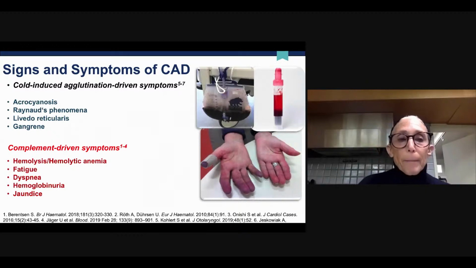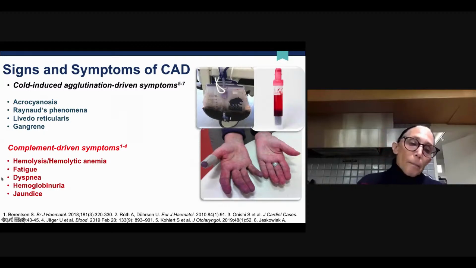And I borrowed this slide from Dr. Berenstain, and you can see here the dark urine because sometimes they get intravascular hemolysis. Here's the agglutination in the tube at room temperature. And here you can see the Raynaud's and the cold-induced acrocyanosis.